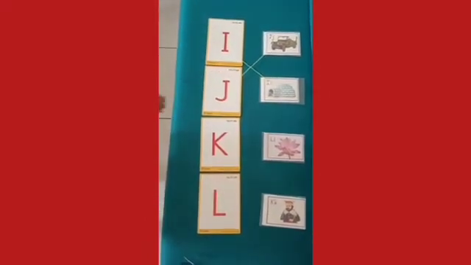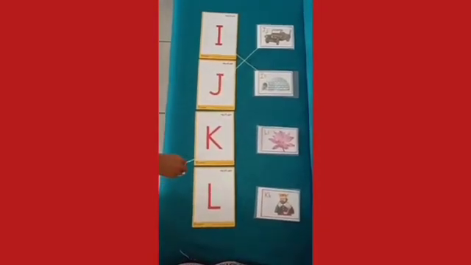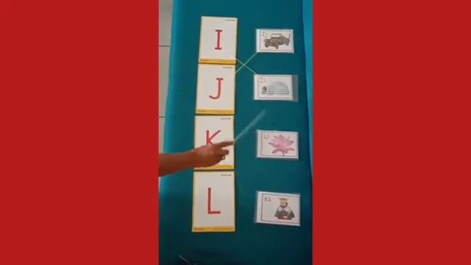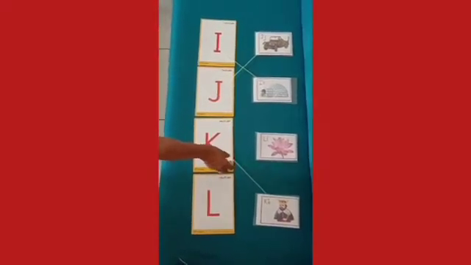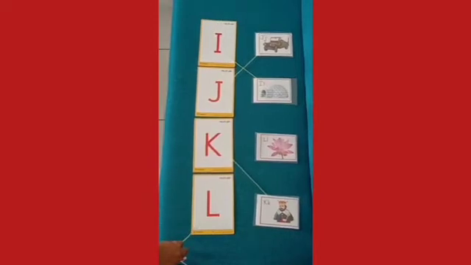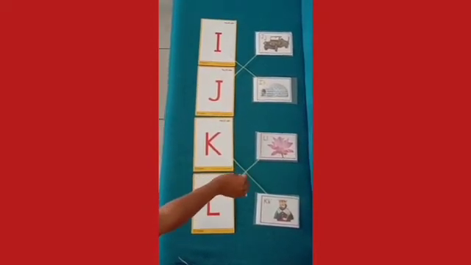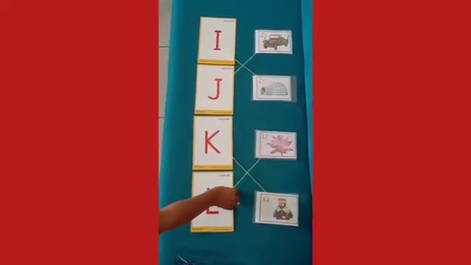So we will match it with jeep. Next alphabet is K. K for lotus? No. K for king. So we will match it with king. Next alphabet is L. L for lotus. So we will match it with lotus.